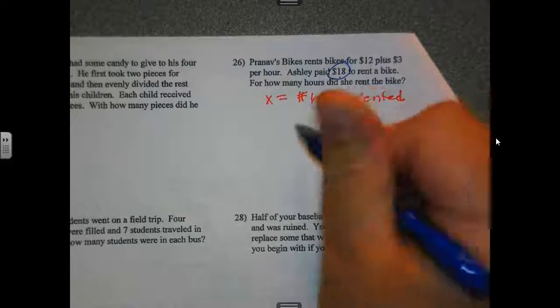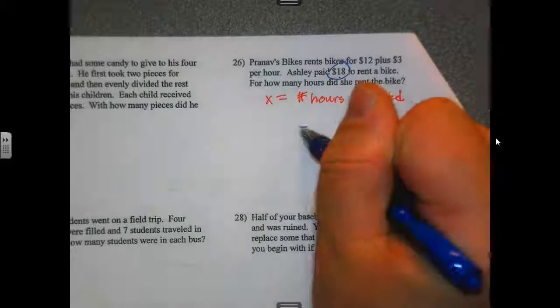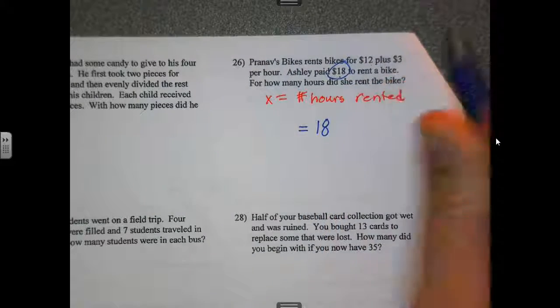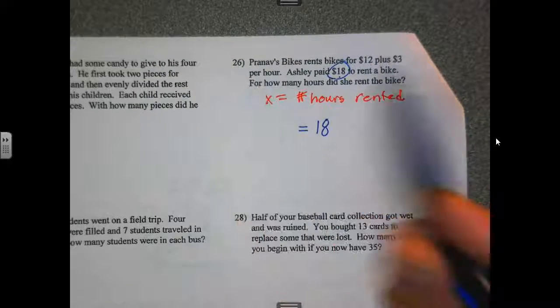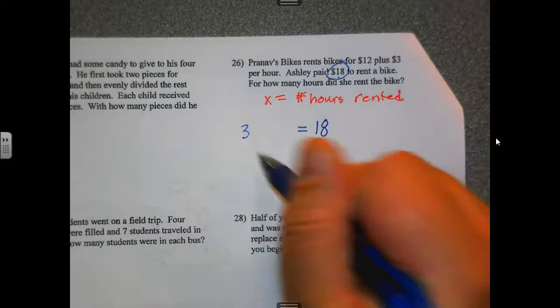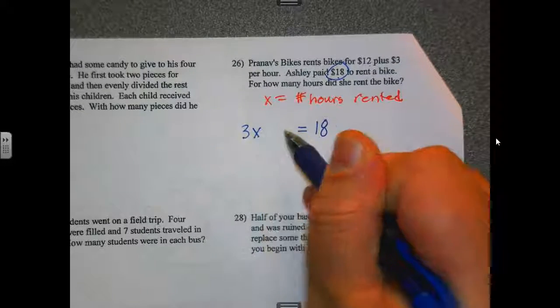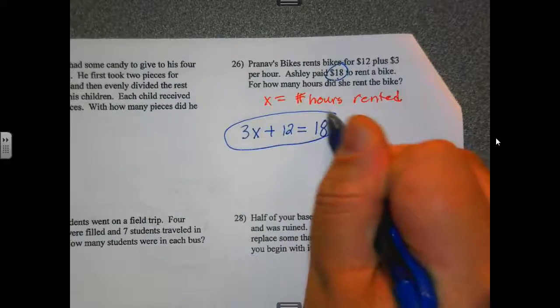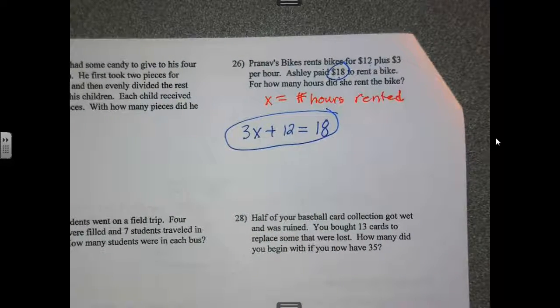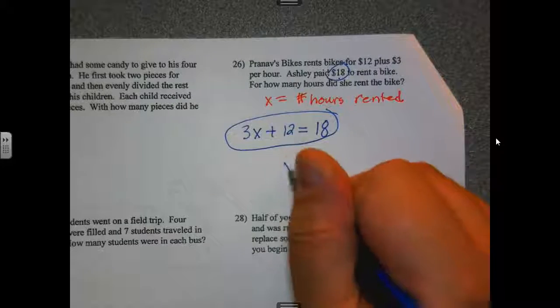It's going to equal the 18 total. Let's see, for $12 plus $3 per hour. So here's $3 per hour, and then the 12 bucks. And if you want to put the answer down, that's fine.